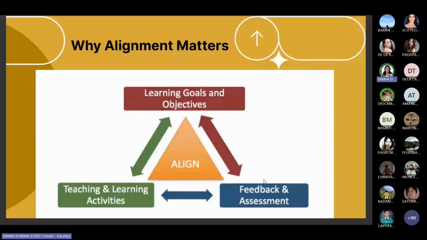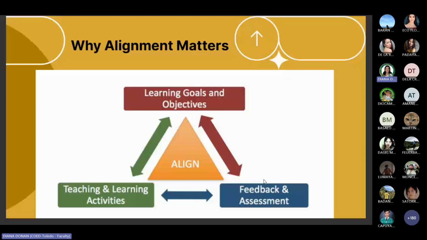Okay, so this diagram shows the three main concepts of our instructional design. We have here the learning goals and objectives, teaching and learning activities, and feedback and assessment. Now, we have here at the center the word aligned because all three elements must work together for learning to become more meaningful and effective.